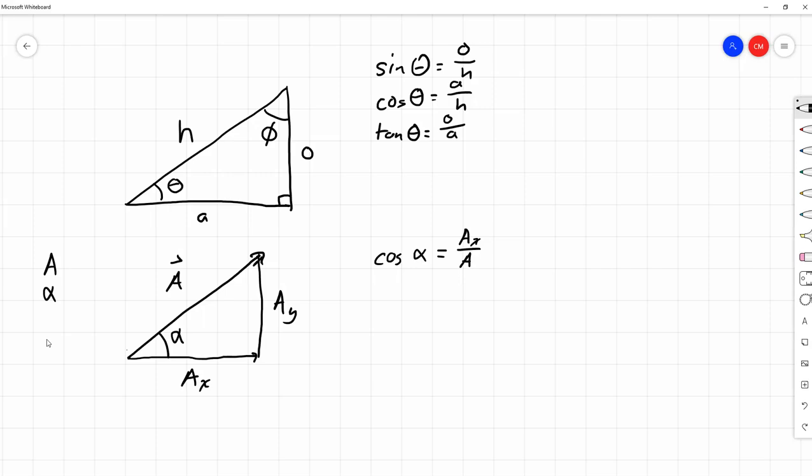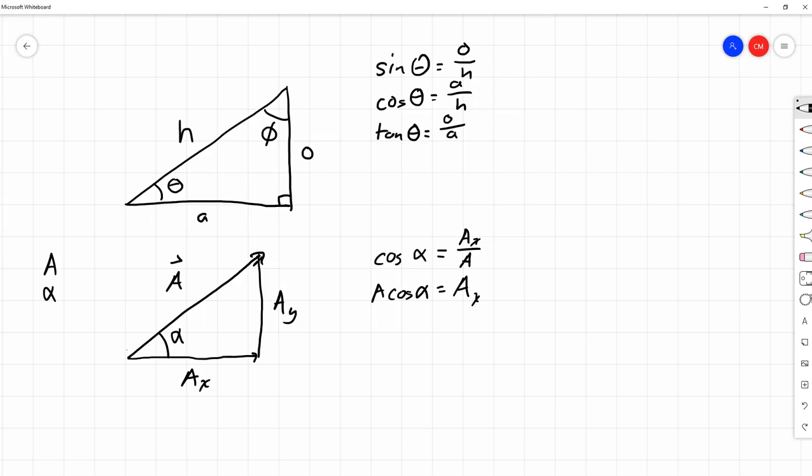Now, how do we solve this? Multiply both sides by A, because when I say solve it, I mean I want the unknown by itself. So if we multiply both sides by A, we get A times the cosine of alpha is equal to Ax.